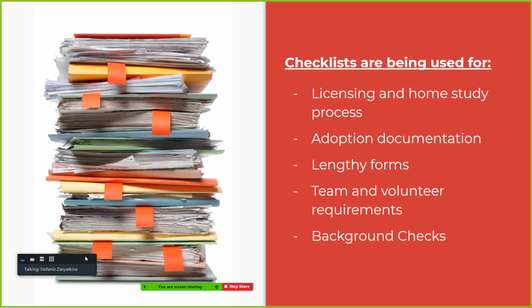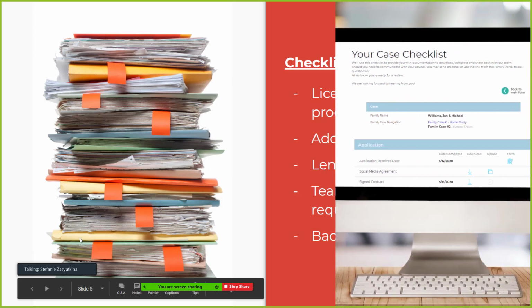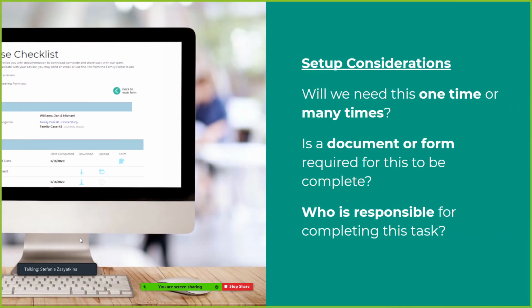You should be able to do your checklist for your team or volunteers and background checks as well. We can potentially talk to that, and maybe we want to have an entire session just dedicated to background checks altogether. There's a lot going on with that.